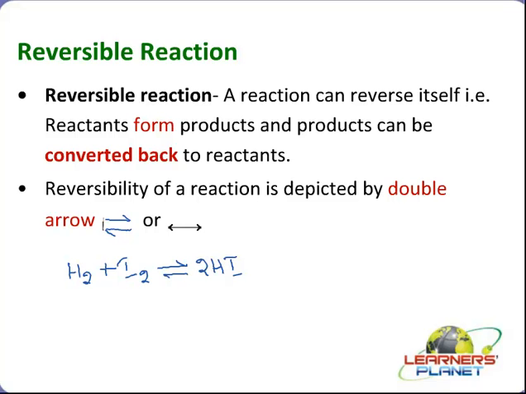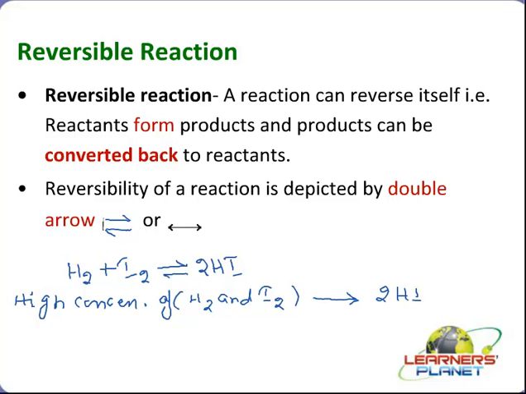Say for example, if I have a high concentration of hydrogen and iodine, the reaction is proceeding in the forward direction and it is forming 2HI.